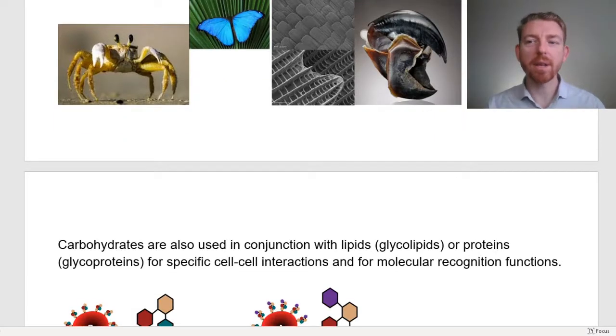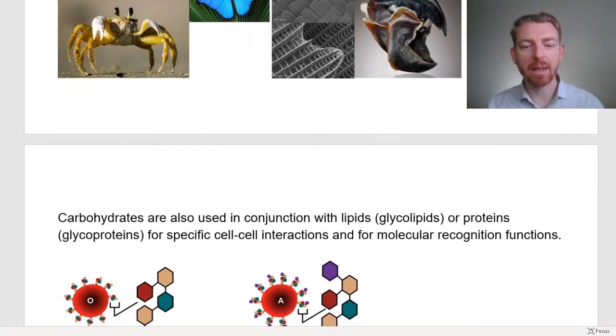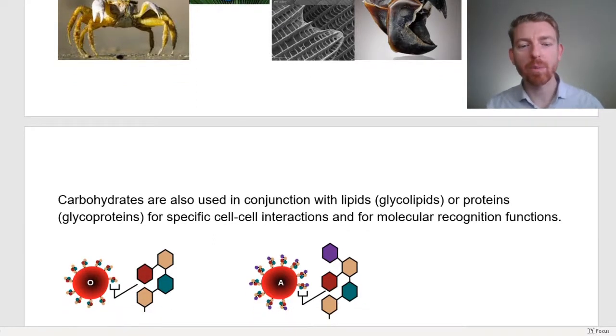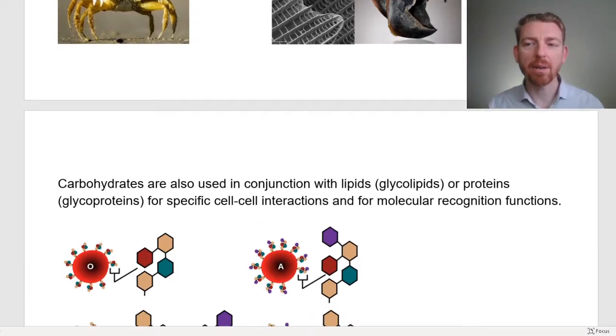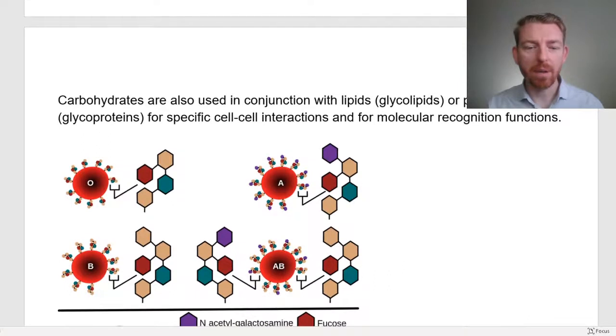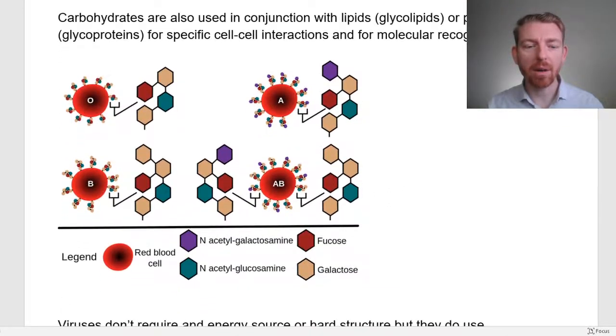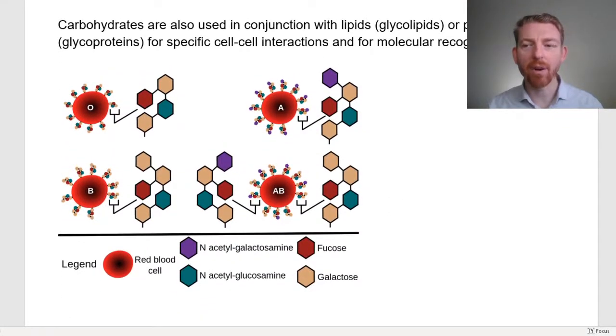Well, the other thing that carbohydrates can do is that they can bond with lipids or with proteins to assist with cell interactions, like between cells, and other tasks when it comes to molecular recognition. An easy example are the antigens that we have on our different blood types.